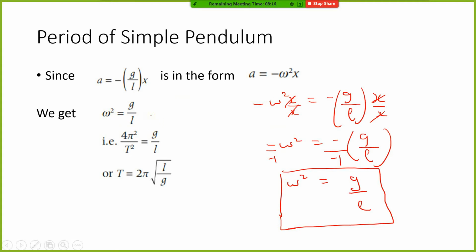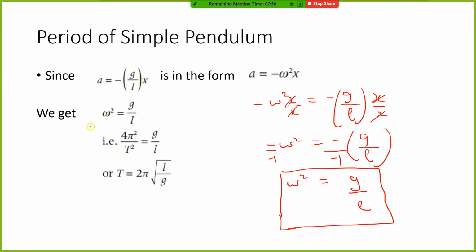So from time to time, guys, you will be tasked to compare things. This is one prime example, because the equations are in the same format, so we can simply say that omega squared is equal to g divided by L, because it is in the same place where g divided by L is.